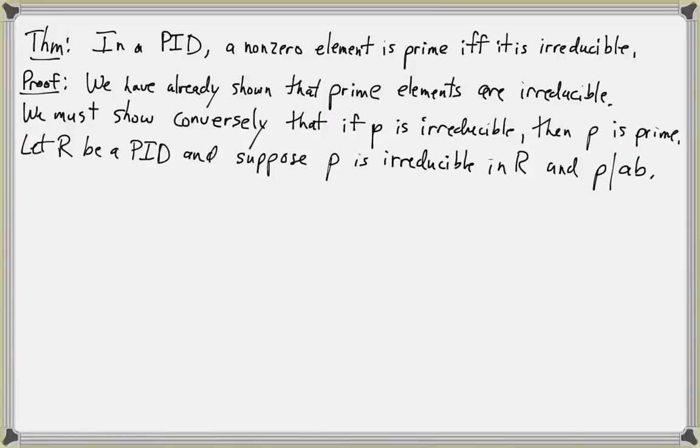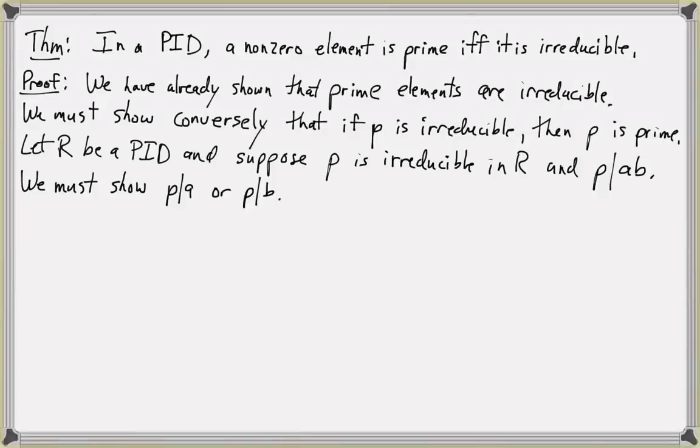So in order to show that P is prime, we need to show that P either divides A or P divides B. So I'm going to show that P divides A or P divides B, and then that'll conclude the proof.